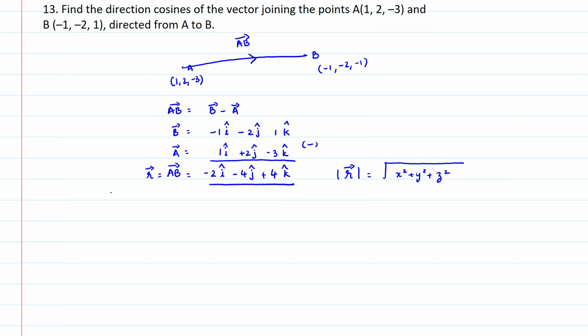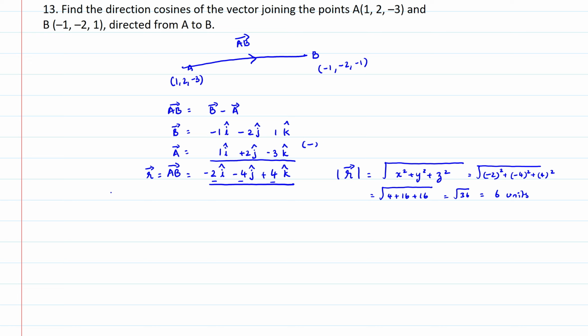Here, the components of i, j, k will be the values of x, y, z: -2, -4, and 4. That will be root of (-2) whole square plus (-4) whole square plus 4 whole square, that is equal to root of 4 plus 16 plus 16, that is equal to root 36. Then the value will be 6 units. This will be the length of the resultant vector AB, which we named as R vector.